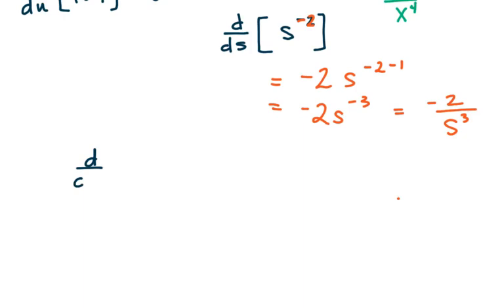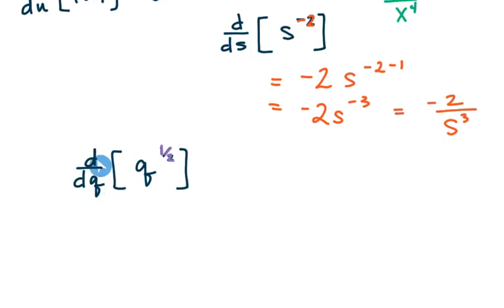The derivative with respect to q of q to the 1/2. So notice I have a 1/2 power. It's a real number. It's just a rational power. And then again, I've changed my variable from x to q, but I'm taking the derivative with respect to q.